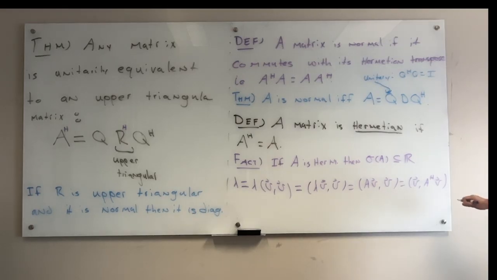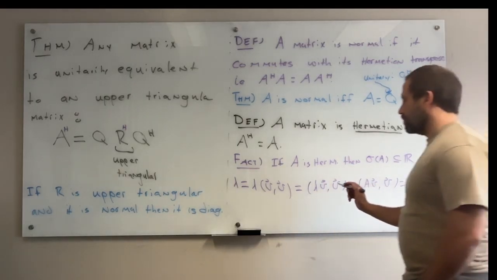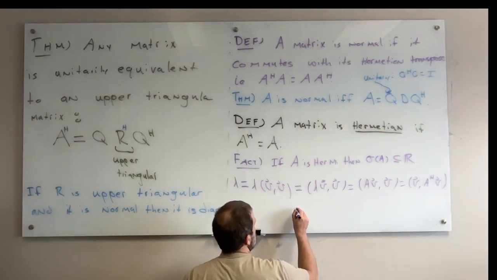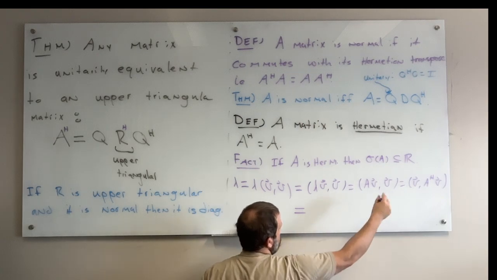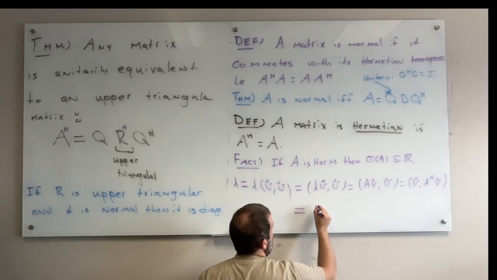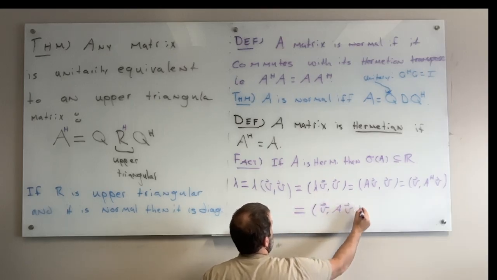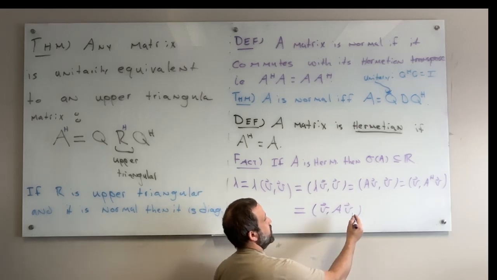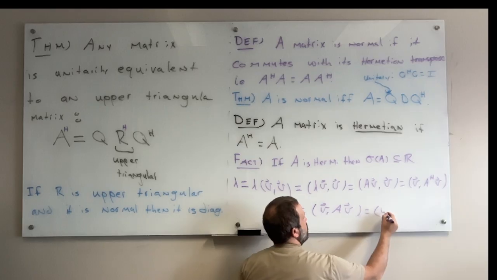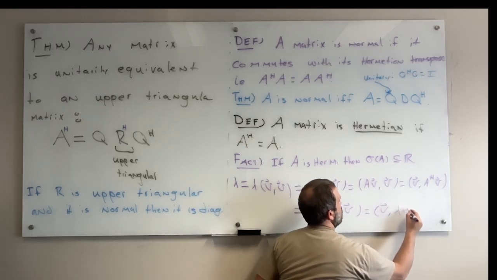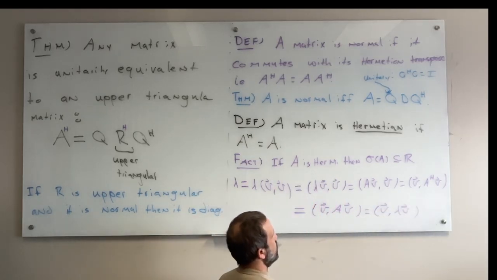But notice in this case, we're assuming that A is Hermitian, so A^H is actually equal to A. So this is v, comma Av. Well, what is Av? That's just equal to lambda v. So this is v, comma lambda v.